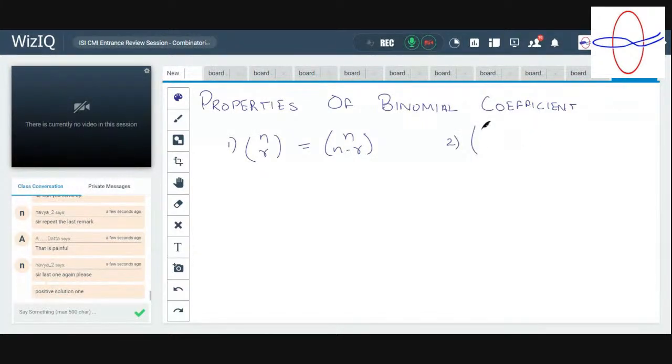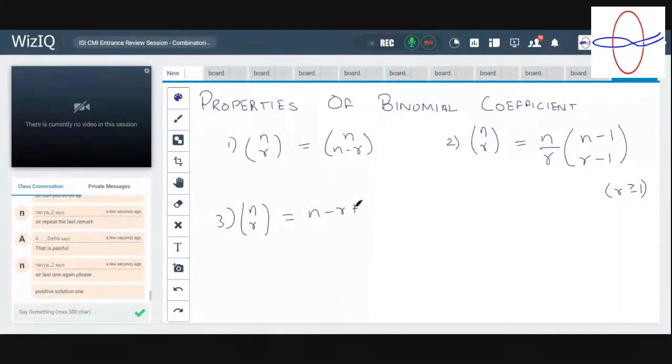Second, n choose r is equal to n divided by r, times n minus 1 choose r minus 1. So here you assume that r is greater than or equal to 1. Then you have n choose r is equal to n minus r plus 1 divided by r, times n choose r minus 1. Once again, you assume that r is greater than or equal to 1.